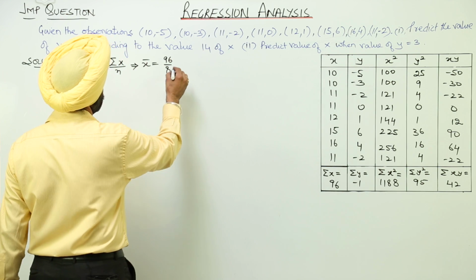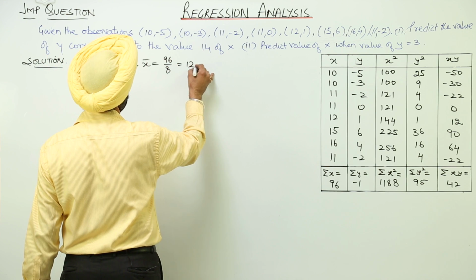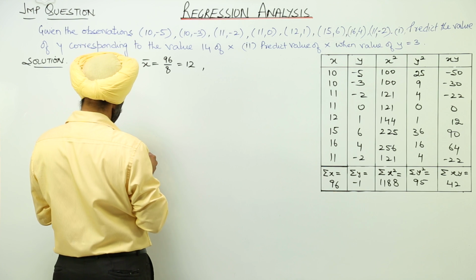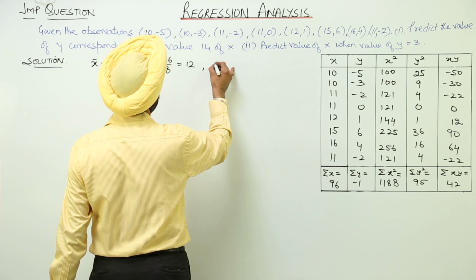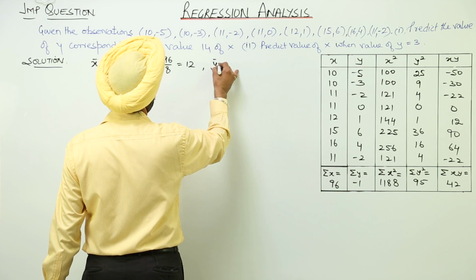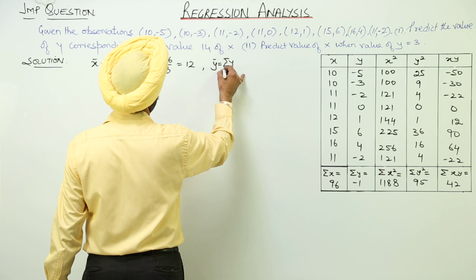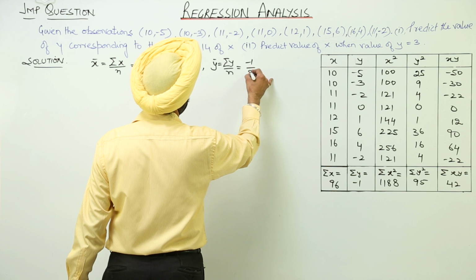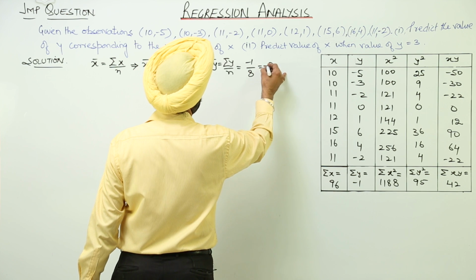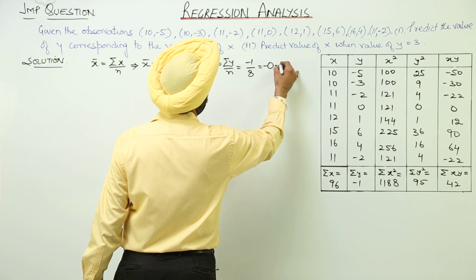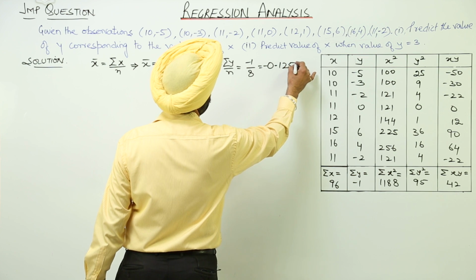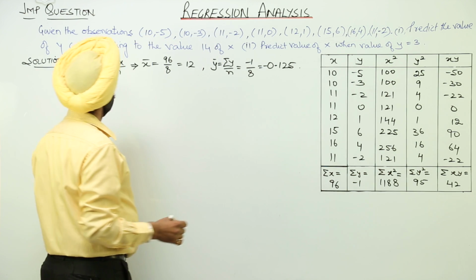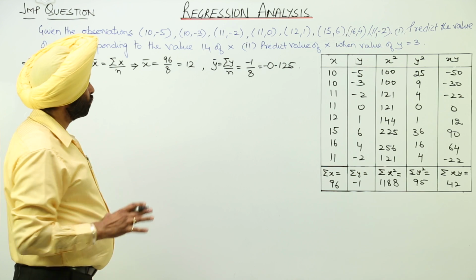Okay. So, x mean is 12. Now, y mean is summation of y upon n, summation of y is negative 1 upon 8, this is negative 0.125. So, we have x mean and y mean.